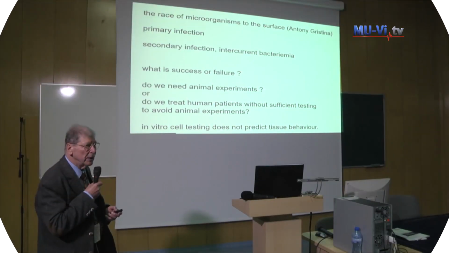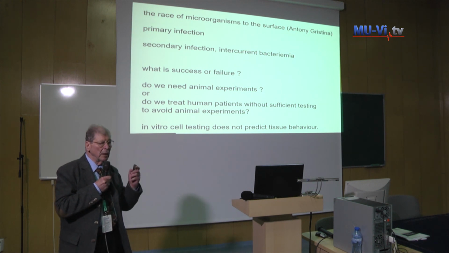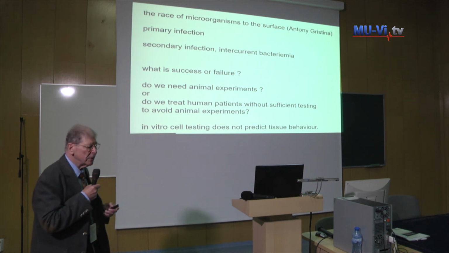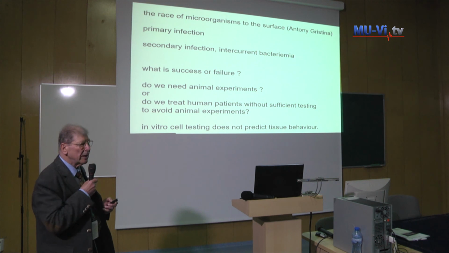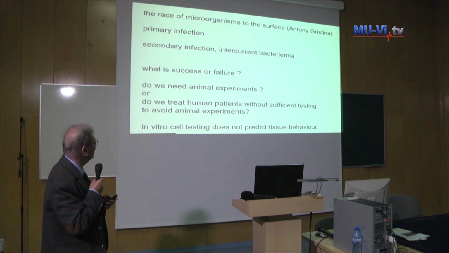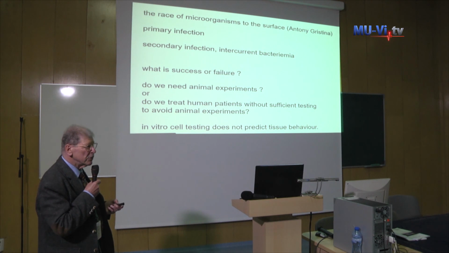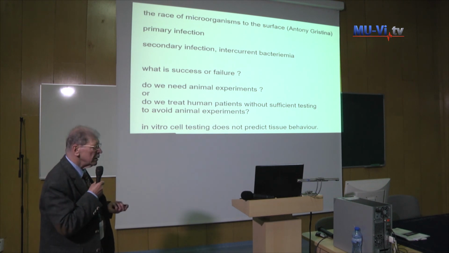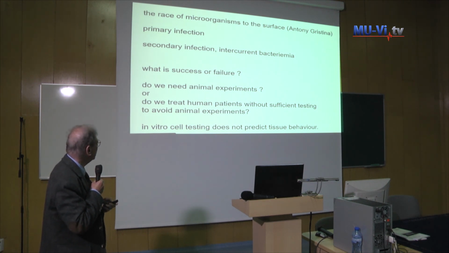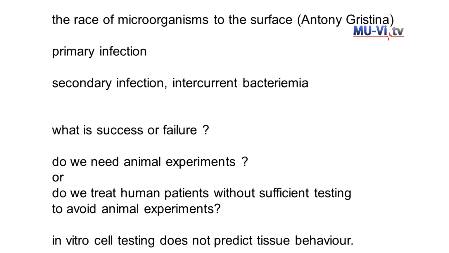And of course, even if you have implanted material without contaminating the implantation bed, there can be intercurrent bacteria, and so loss of the implant. And the question is also, what is success or failure? Do we need animal experiments, or do we treat human patients without sufficient testing to avoid animal experiments? This is an important point for further developments.